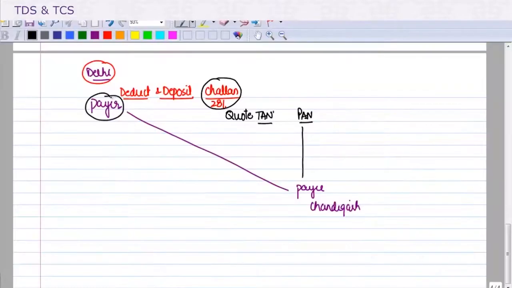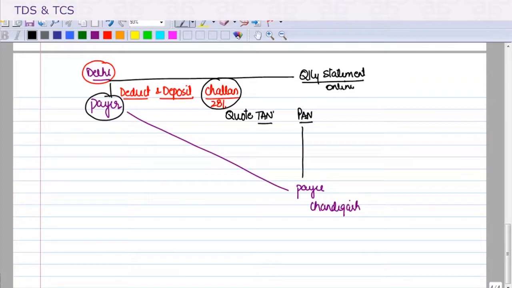Then the payer will also file quarterly statements. You can also call them returns of TDS. Now these will be filed again online. Now we know all database central is in CPC Bengaluru.